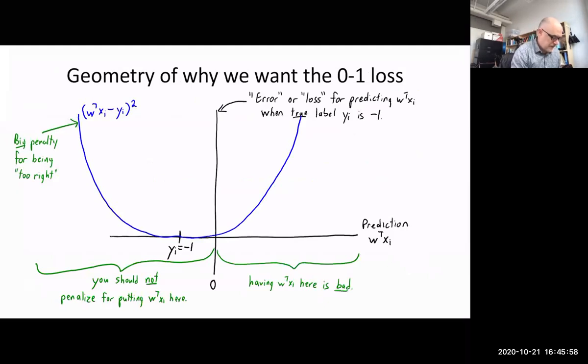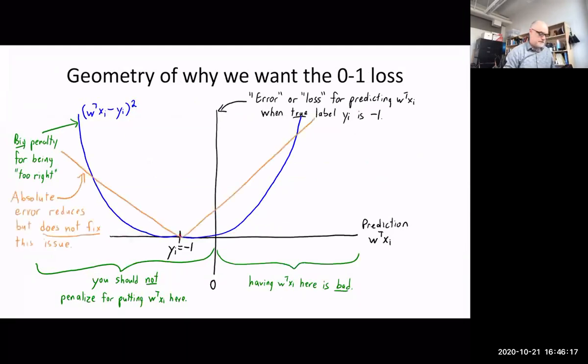The loss will be minimal if W transpose Xi is equal to Yi. That's clear, right? And if it's not, it's going to be large in this direction and large in this direction, okay? Under the squared 2 norm. You could think about doing something like making this the absolute error. So in other words, doing L1 robust regression, kind of, right?